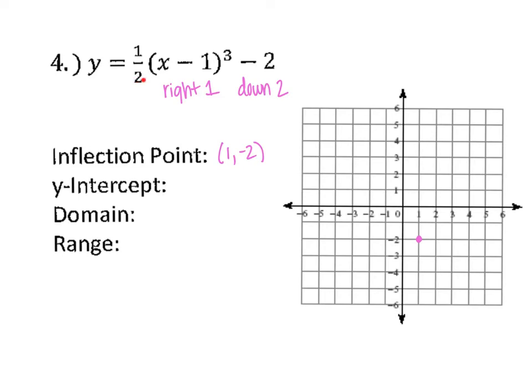Whenever you're trying to use the slope to graph your cubic, when you plot the other 2 points, you can only be 1 unit away from the inflection point for accuracy. I will warn you, once you go further off from the inflection and you try to use the slope to help you plot the points, it doesn't work. In other words, your values are not going to be correct.